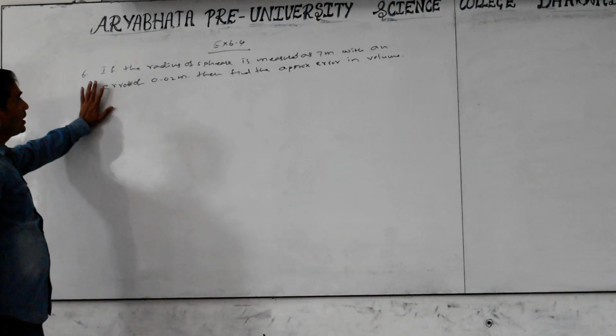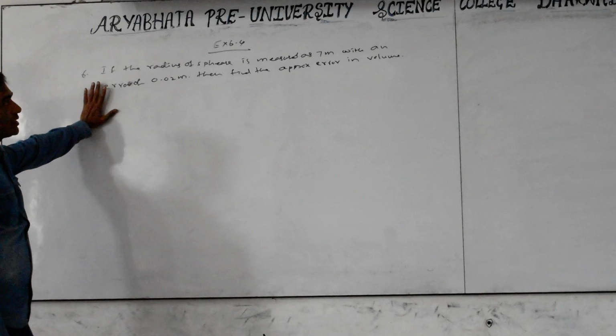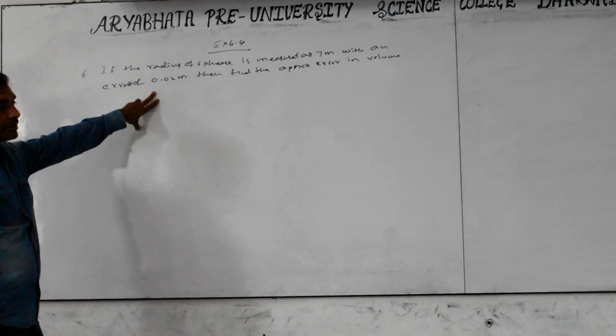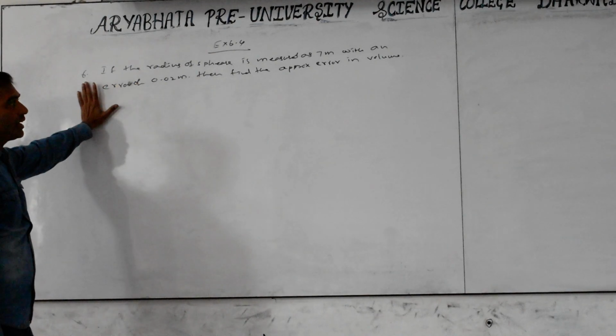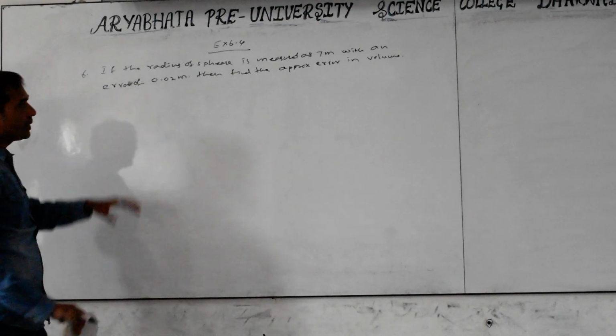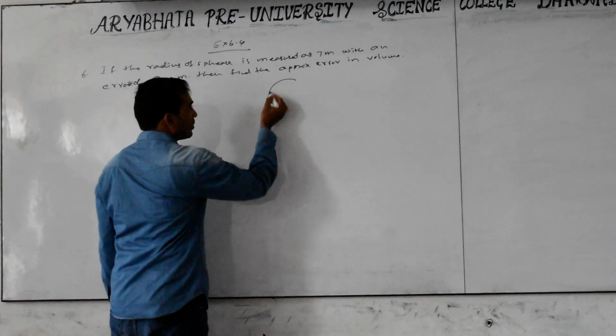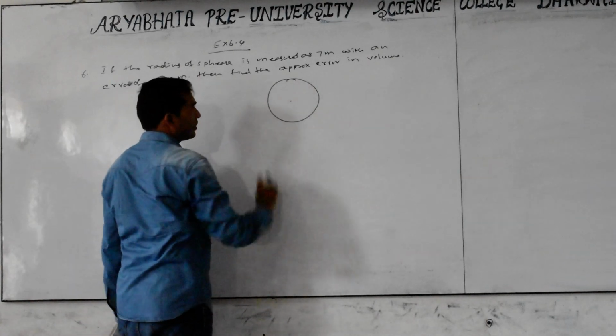See, if the radius of a sphere is measured as 7 meter with an error of 0.02 meter, then find the approximate error in volume. Sphere, what is the volume of a sphere?